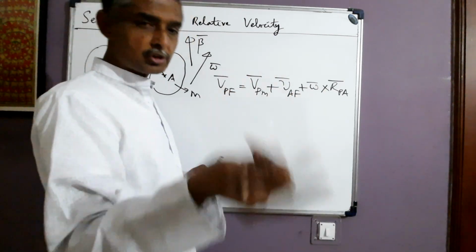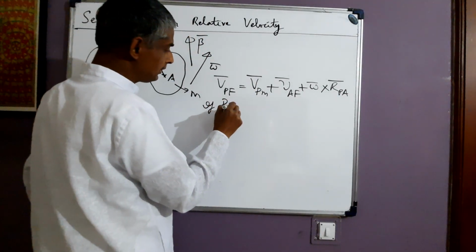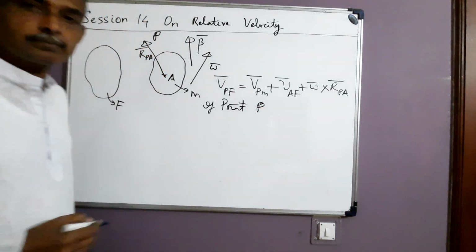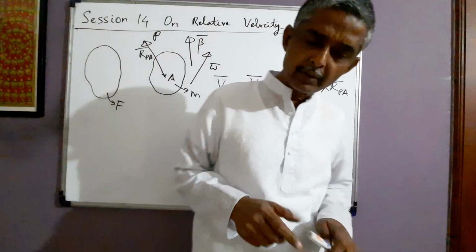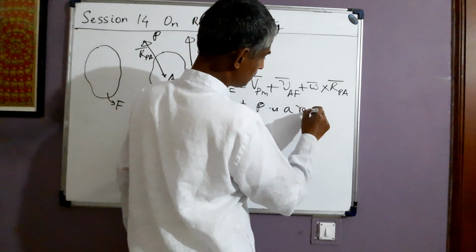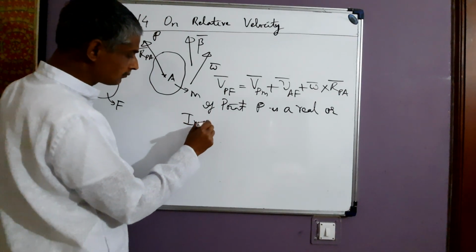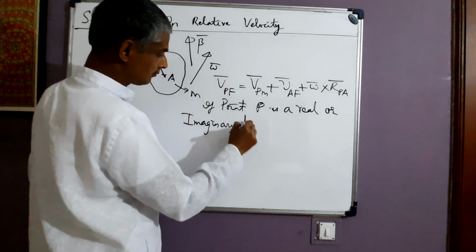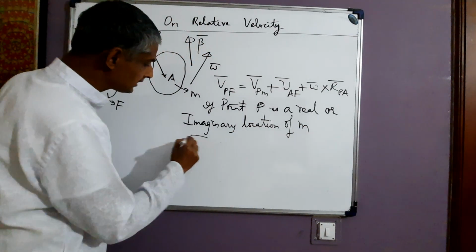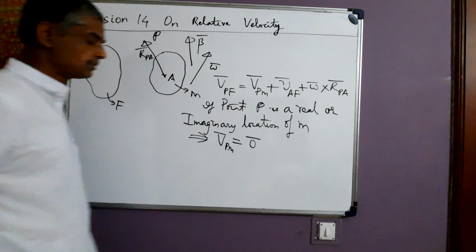But if you impose one more condition, that point P is a real or material location of M, either a material point of M or its imaginary location, then VPM becomes 0.